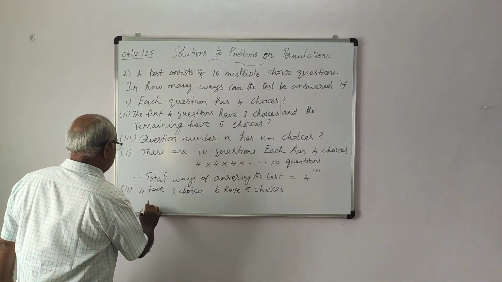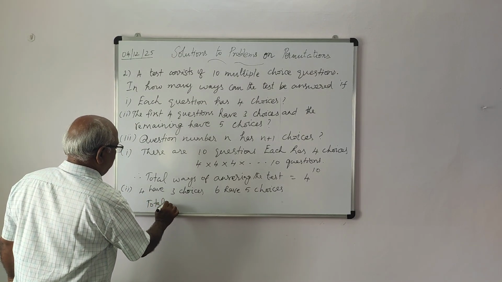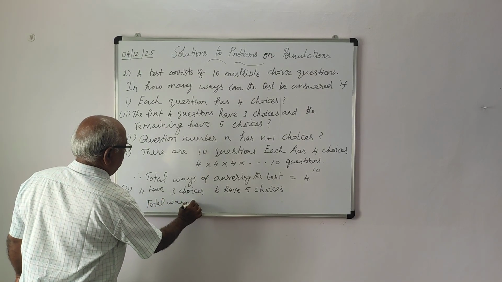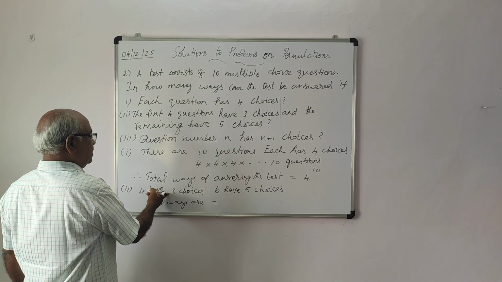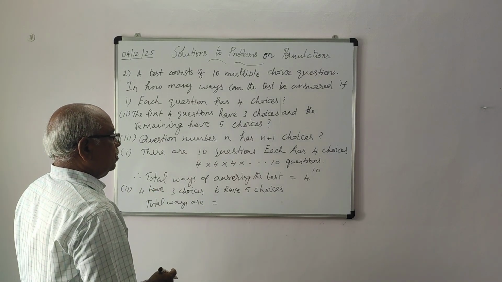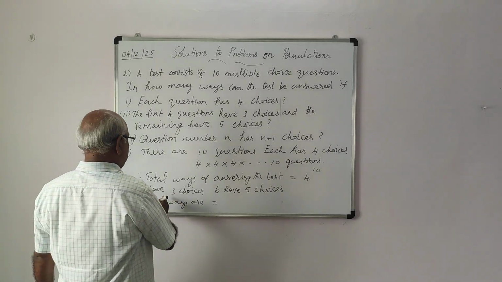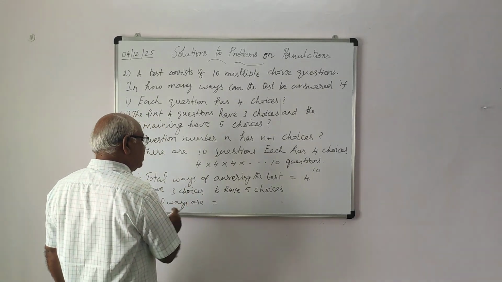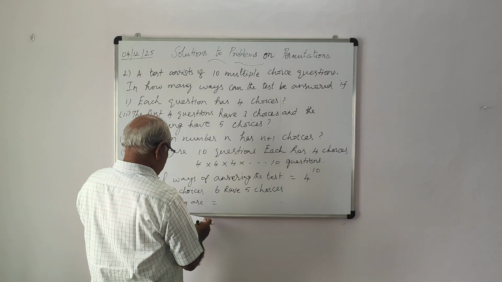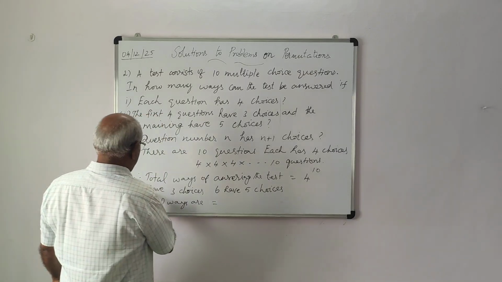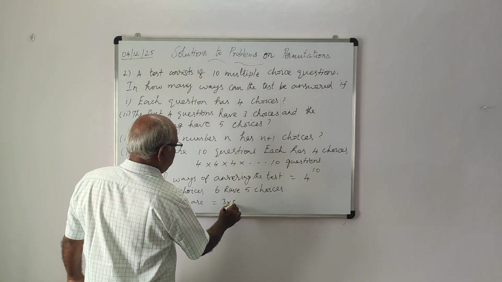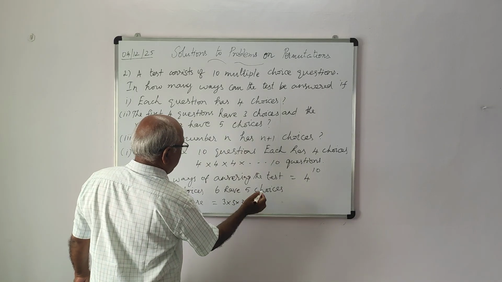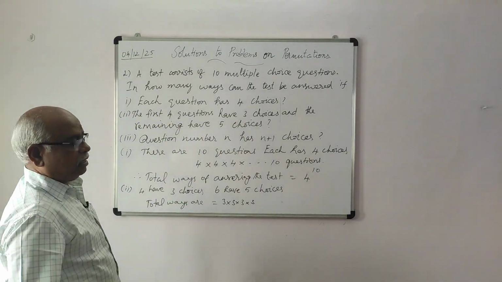Therefore, the total ways are: 4 questions have 3 choices, so each of the 4 questions has 3 choices, and you will get 3 power 4.